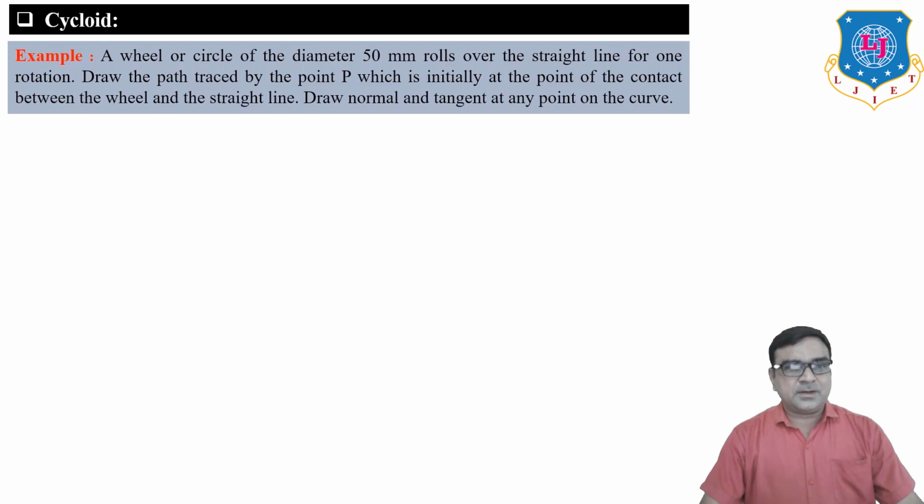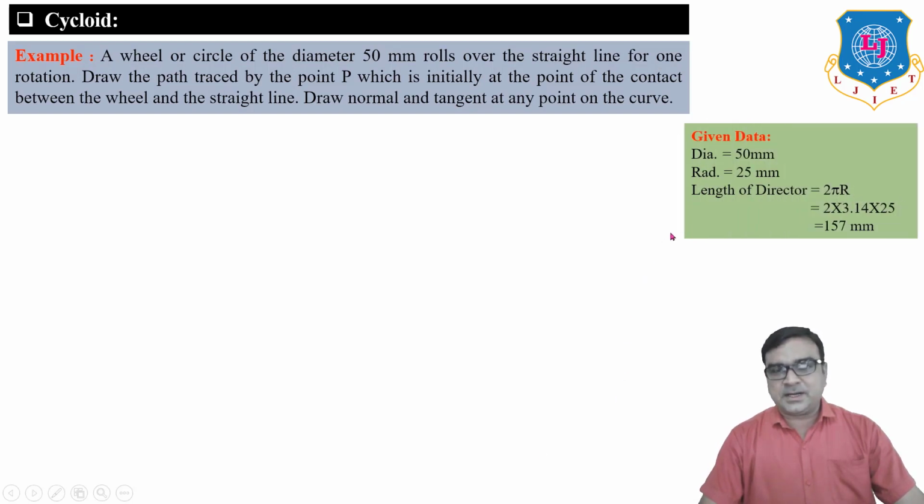Now let us see one example for cycloid. A wheel of diameter 50 mm rolls over a straight line for one rotation. Draw the path traced by the point P, which is initially at the point of contact between the wheel and the straight line. Draw normal and tangent at any point on the curve.